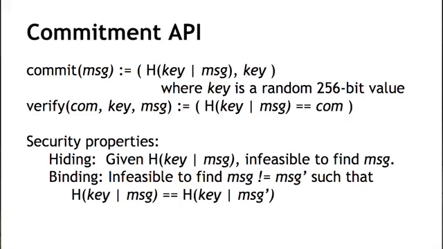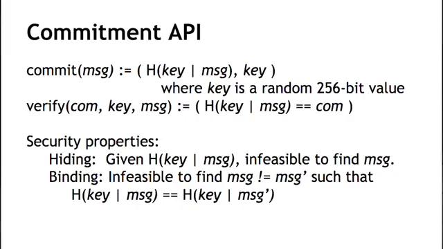And as the key value, we're going to return the key. Then later, to verify, someone is going to compute this same hash of the key they were given, concatenated with the message, and check whether that's equal to the commitment that they saw. Okay, so this is a way of using hash functions both in the commitment and in the verification.